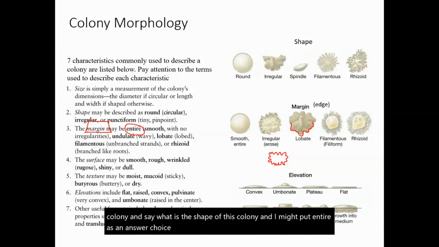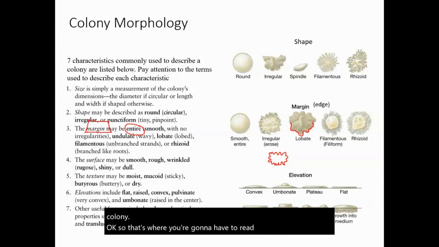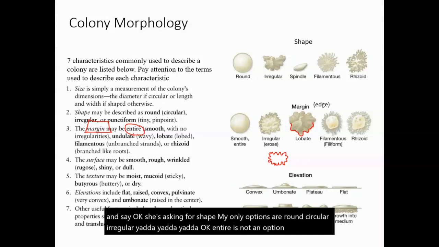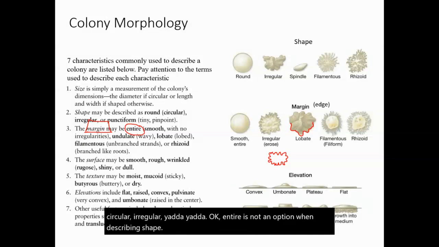Well, you can rule that out immediately, because entire is not an option to use when describing the shape of a colony. So you're going to have to read the questions carefully and say, okay, she's asking for shape. My only options are round, circular, irregular, and so on. Entire is not an option when describing shape. All right, let us continue.